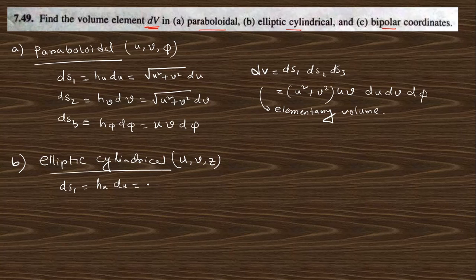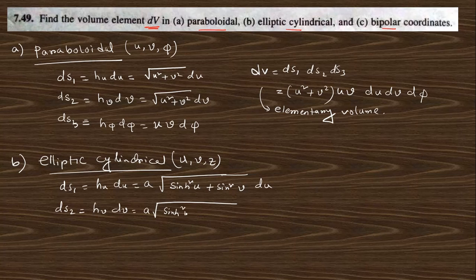Here h_u will be a times the square root of sinh square u plus sin square v, that into du, and ds2 will be h_v dv, that is nothing but a times the square root of sinh square u plus sin square v, dv, and the third is h_z dz, this is dz only.